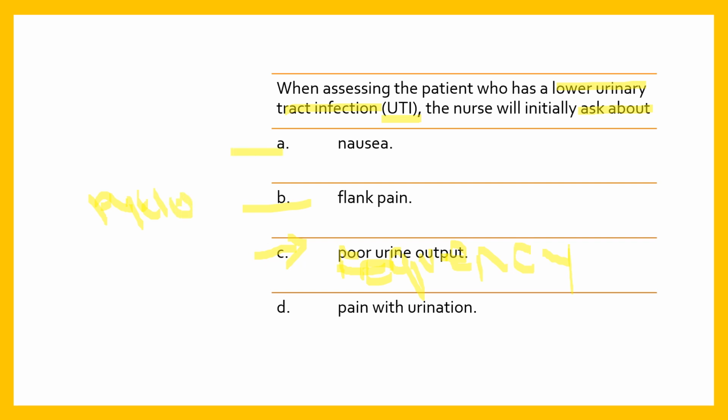Nausea, that's going to be a symptom of pyelonephritis. So pain with urination is going to be a common symptom for a lower UTI. So this is simply asking, what are the symptoms of a lower UTI? Because if they have pain with urination, we can definitely say that it is a UTI.